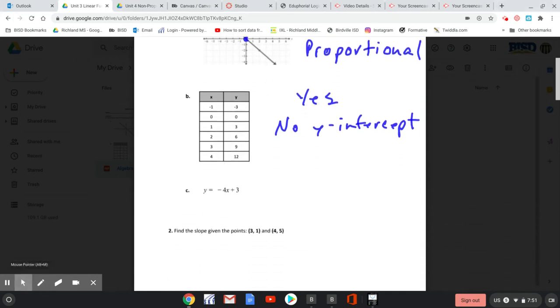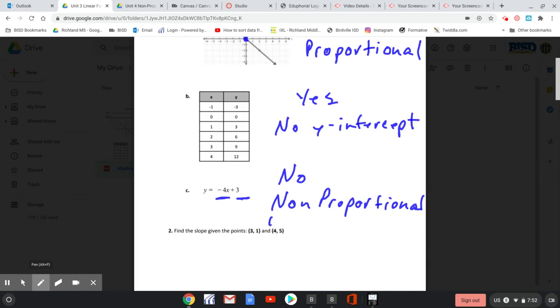Okay, this is an equation, and we can see that it has two numbers. It has a slope and a y-intercept. So no, this is non-proportional. Why?